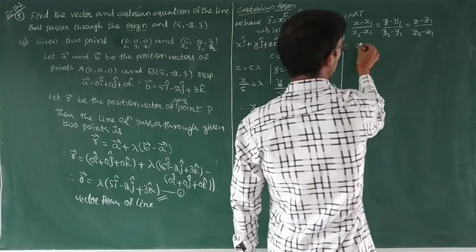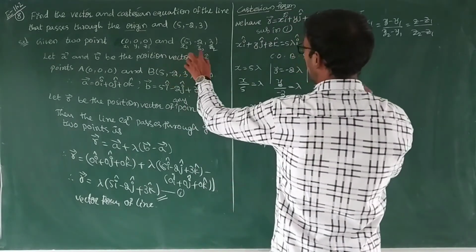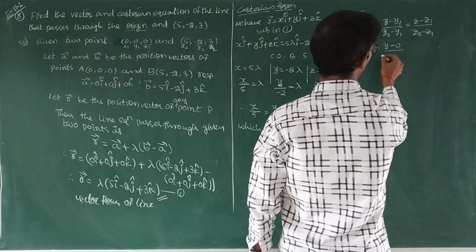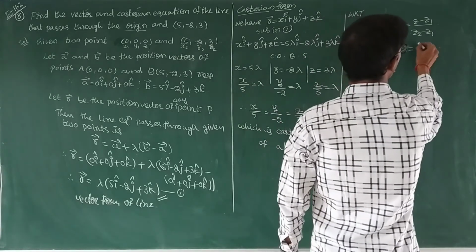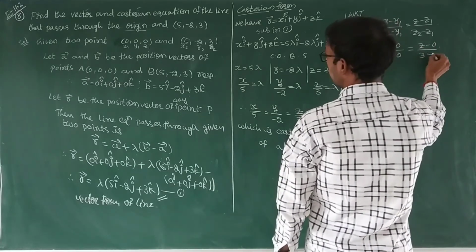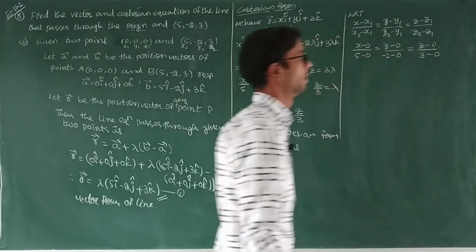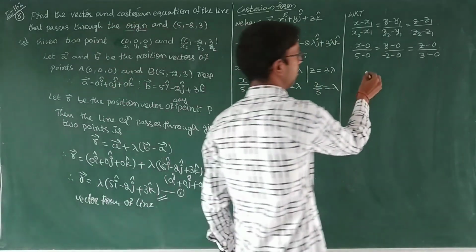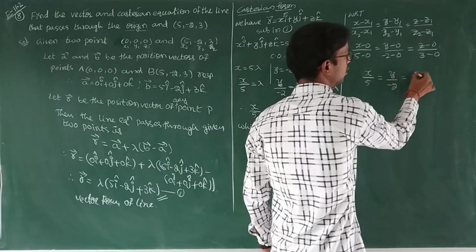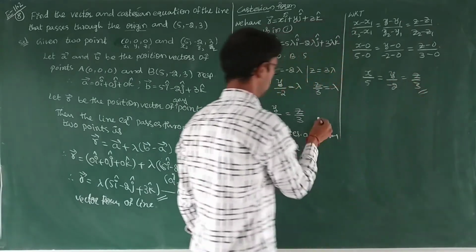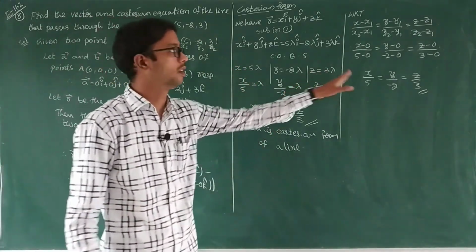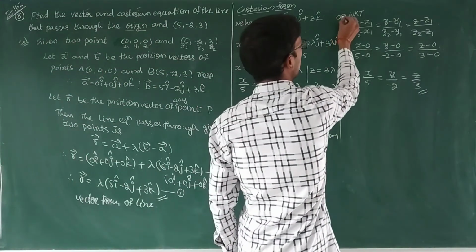Substitute here and simplify: x by 5, y by minus 2, z by 3. So both are the same. Any one you can write.